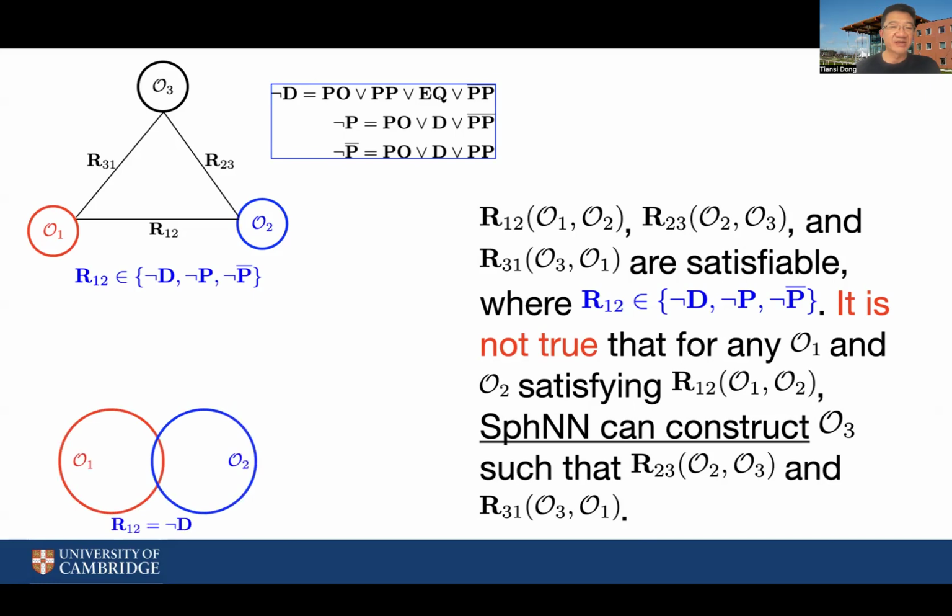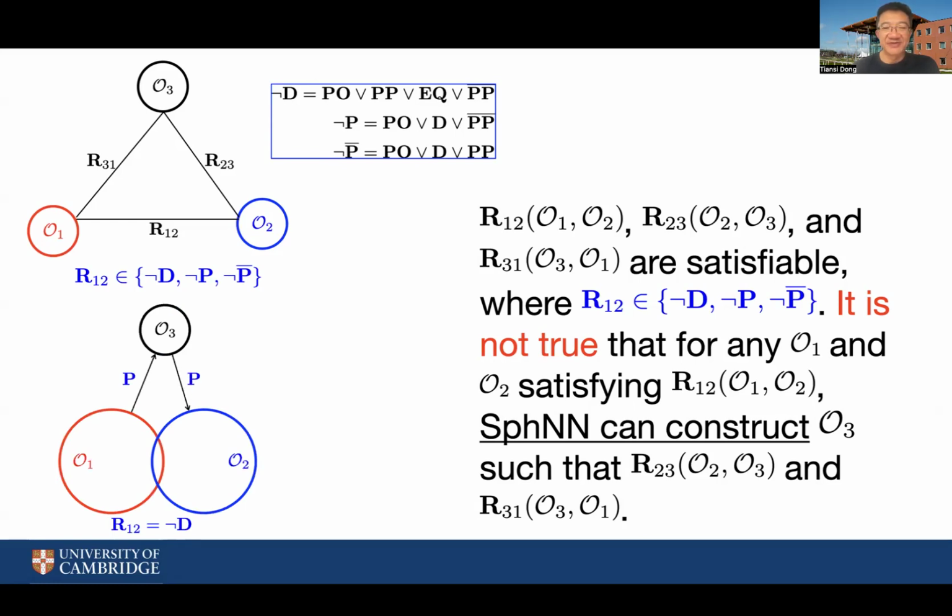So let's look at an example. If O1 and O2 have the relation negation of D, and it's realized as partial overlap, and O1 is part of O3 and O3 is part of O2.